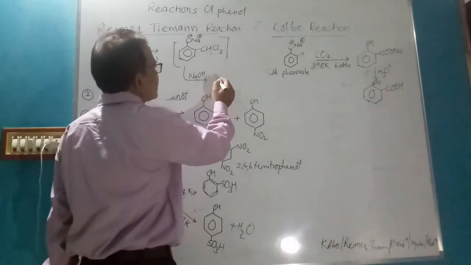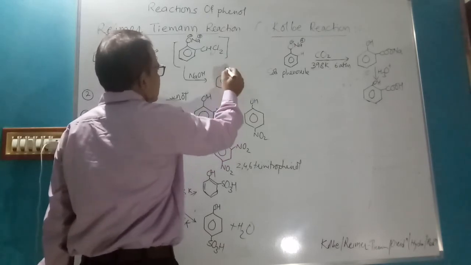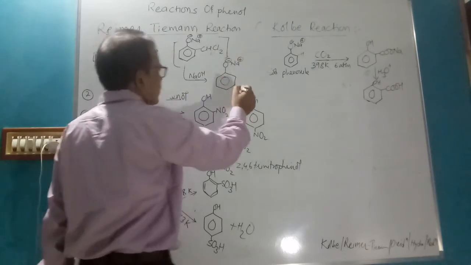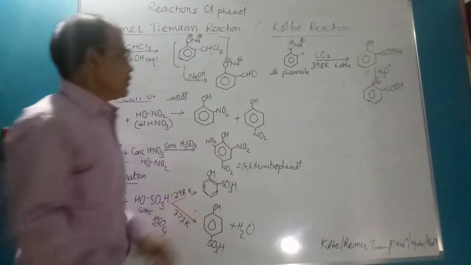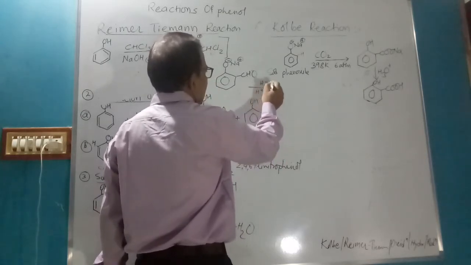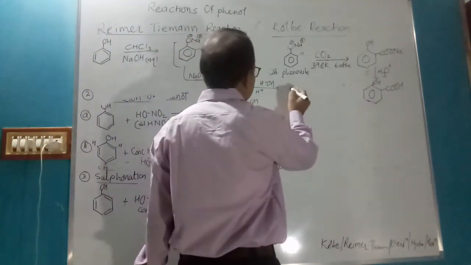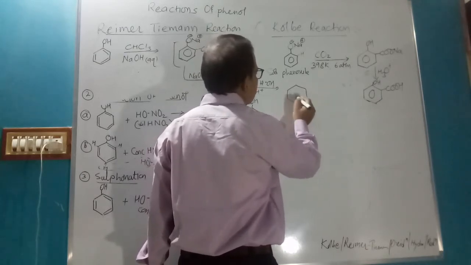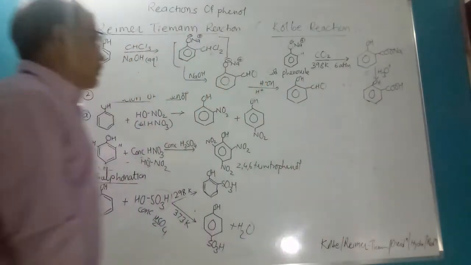It gives this, O minus Na plus and CHO, the addition product. This addition product on acid hydrolysis gives salicyl aldehyde. This is OH and this is CHO, salicyl aldehyde.